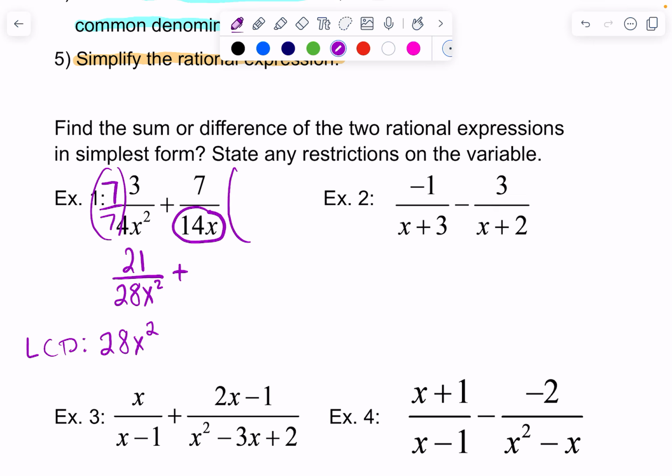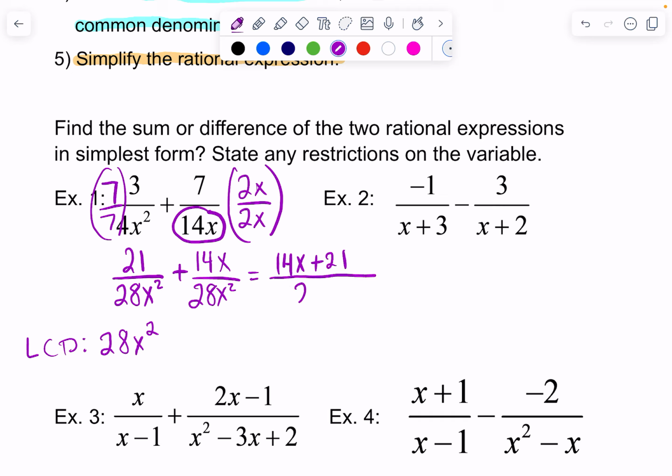You're going to multiply it by 2x to both numerator and denominator. That's now going to give me 14x over 28x squared. Now you're going to add or subtract the numerators. So this will be 14x plus 21 over 28x squared.